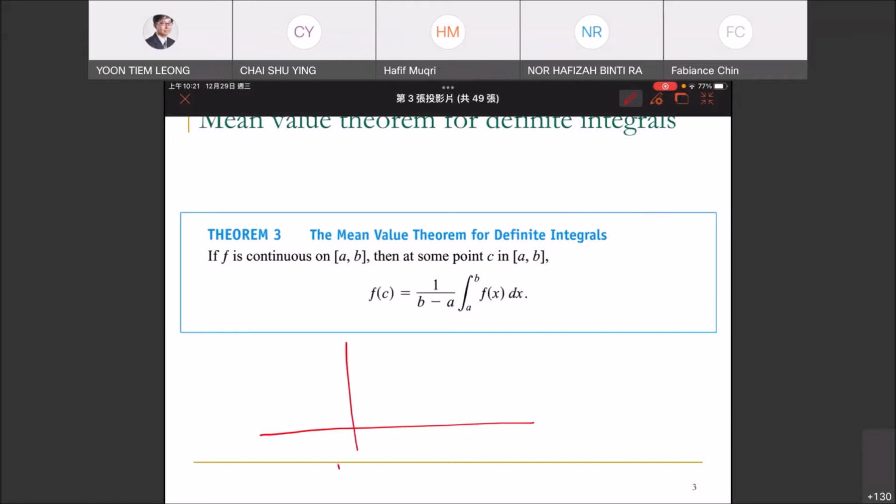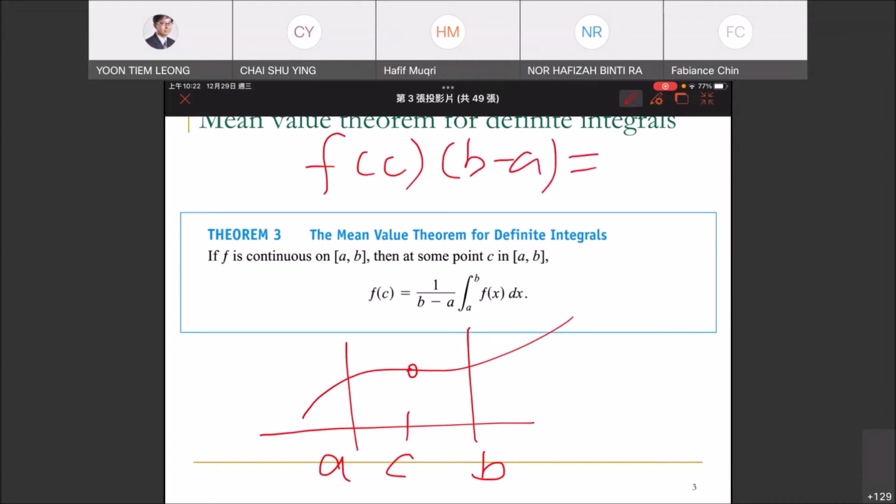Later on, we will be seeing that if you have a function that is defined between a and b, then you can always guarantee an existence of c where the value of f(c) multiplied by b minus a is always equal to f(x) integrated from a to b. Right? So if this is not b, but say a plus some small value of delta, then the same relationship will also hold true.